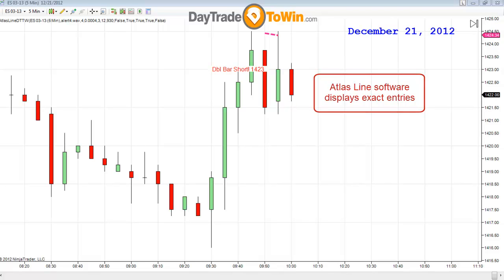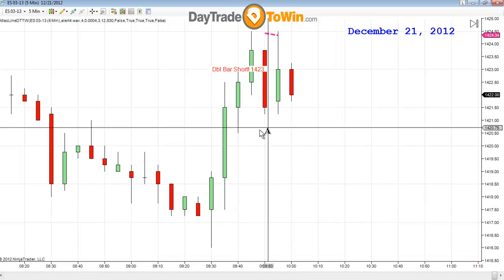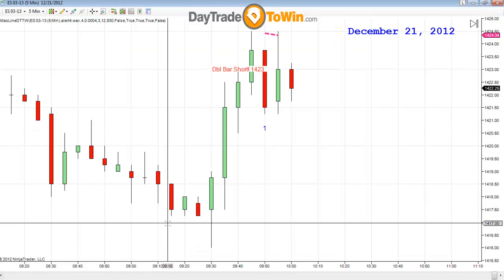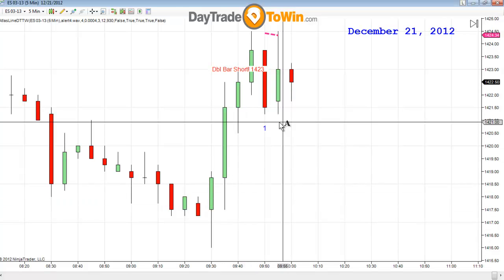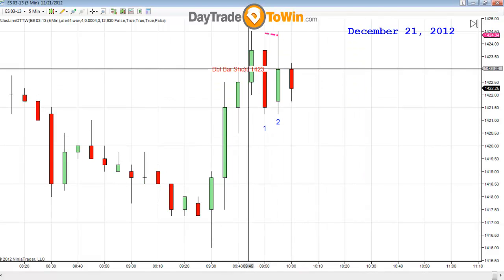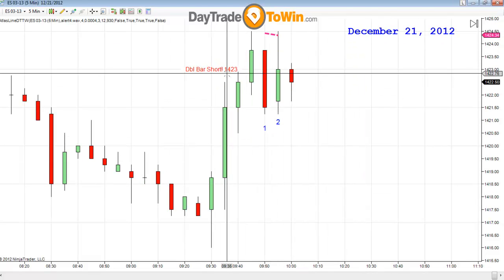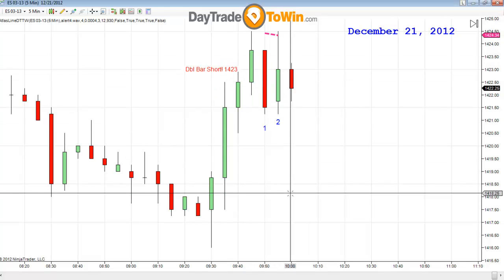And the reason why we have this entry at 14.23 to go short is very simple, because we have two consecutive closes. This would be 1, and this would be 2. So even though the software plots the entry at 14.23, I want you guys to know what exactly the entry is.